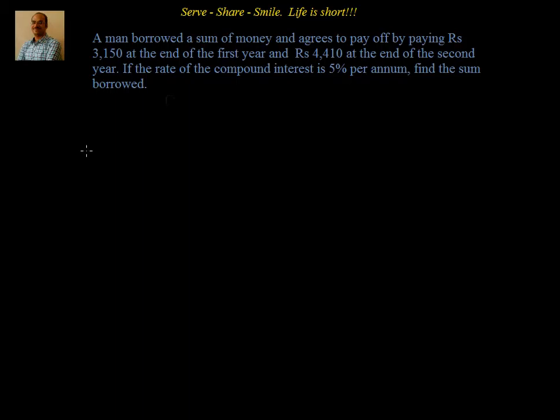Let us say the man borrowed a sum of money X. So we'll say principal equal to X rupees, and if I apply 5% interest on that, then at the end of the first year, amount should be equal to P into 1 plus R by 100, and we'll substitute the values.